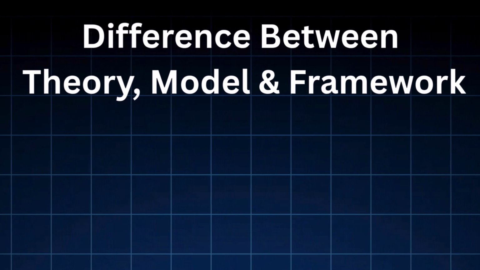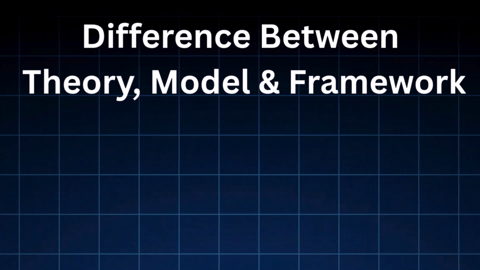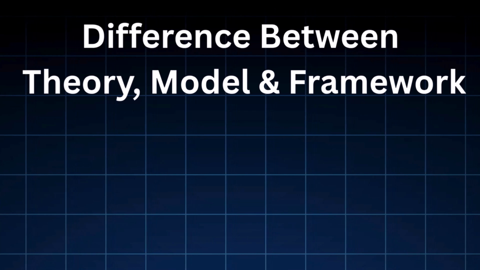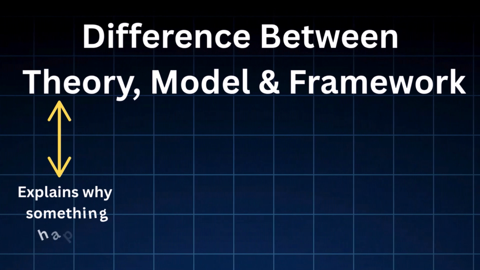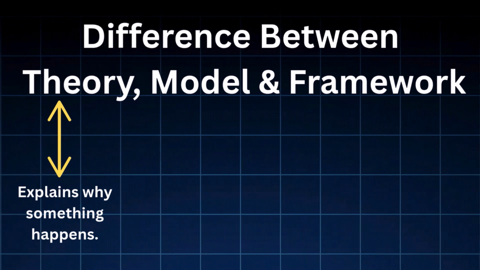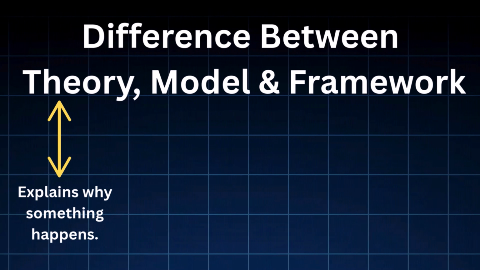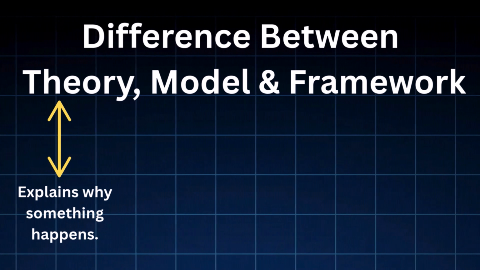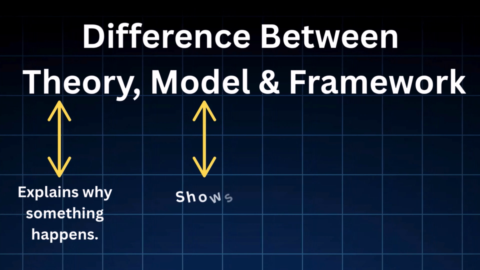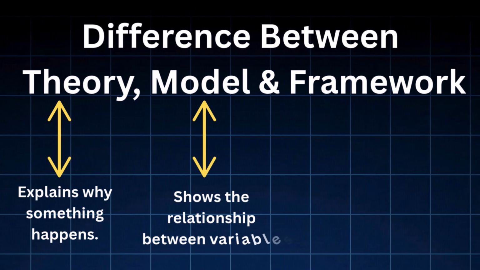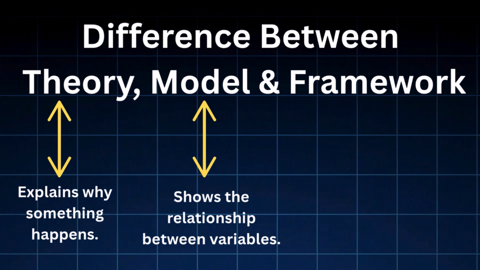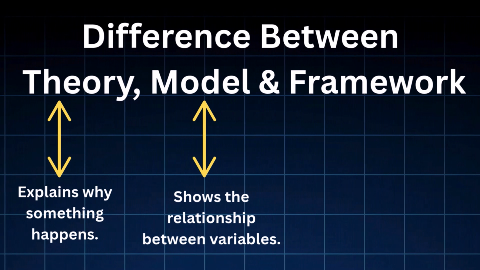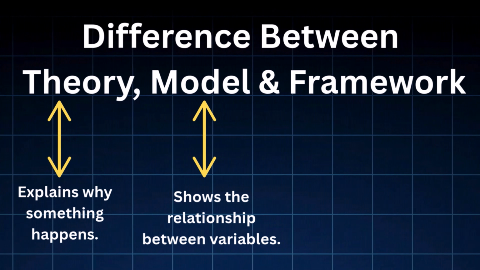Let's simplify it. Theory explains why something happens. Example: social learning theory explains that people learn by observing others. Research model shows the relationship between variables. Example: social media usage, mental health, academic performance.